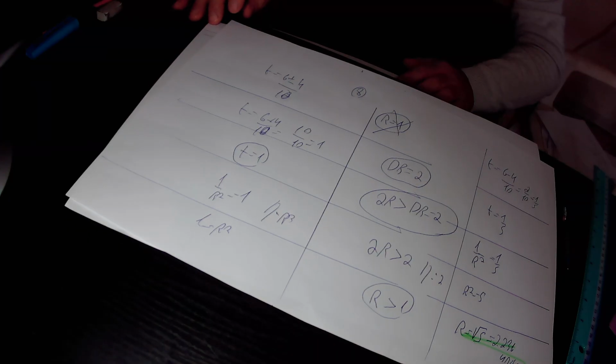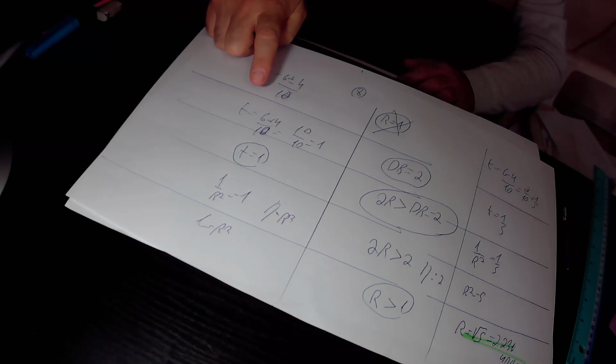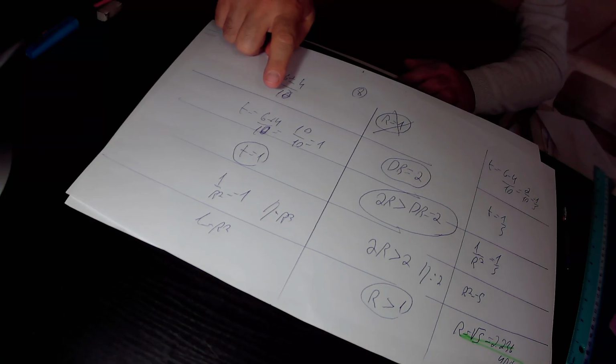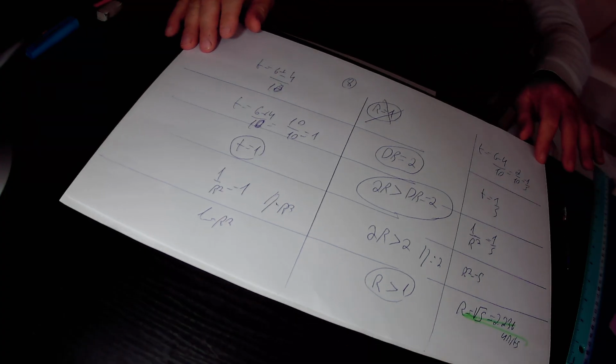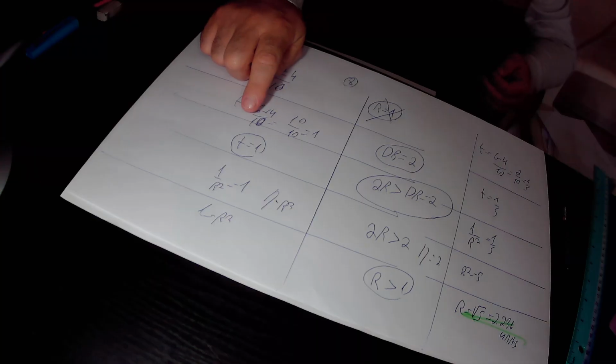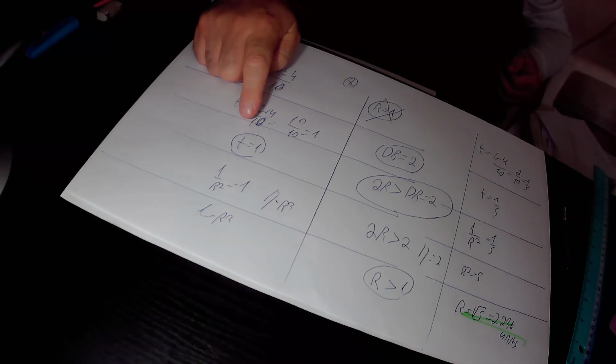The first solution is that t equals 6 plus 4 over 10. 6 plus 4 is 10, and 10 over 10 is 1. So according to the first solution, t equals 1. But according to our definition, t equals 1 over r squared, so we substitute t by 1 over r squared and find that 1 over r squared equals 1.